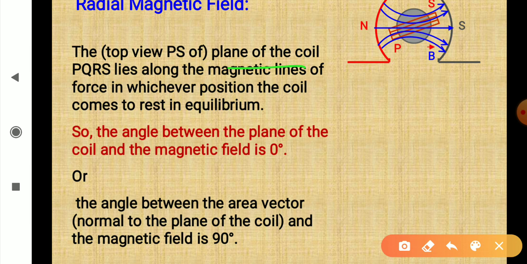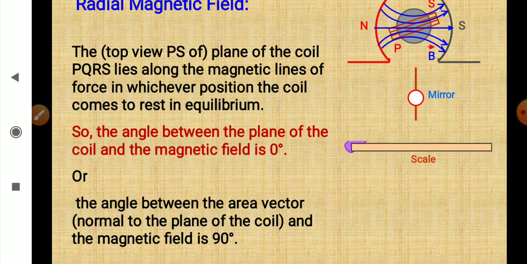The plane of coil PQRS lies along the magnetic field lines of force, and in whichever position the coil comes to rest in equilibrium, the angle between the plane of the coil and the magnetic field is 0, or the angle between the area vector, which is normal to the plane of the coil, and the magnetic field is 90 degrees.